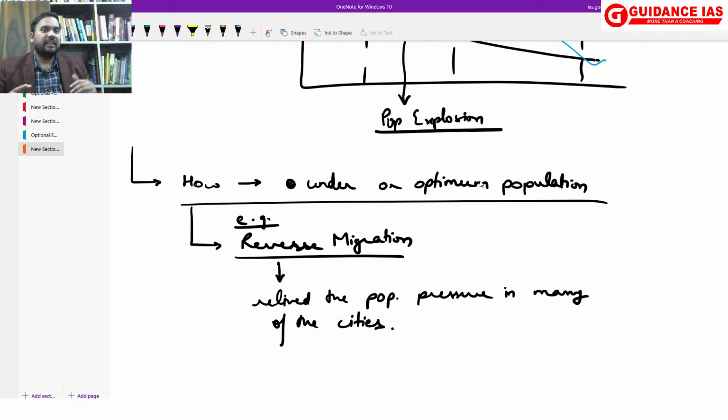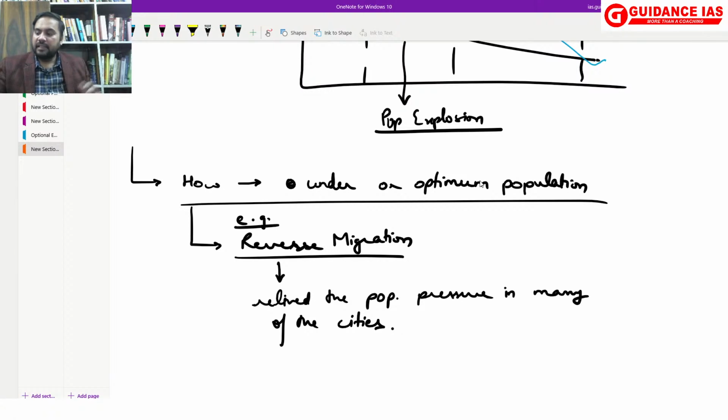Okay, it is other thing that people will again return as situation normalizes, because in the village areas there are hardly employment opportunities. Okay, so again this means that there can be lesser population pressure in such scenarios.